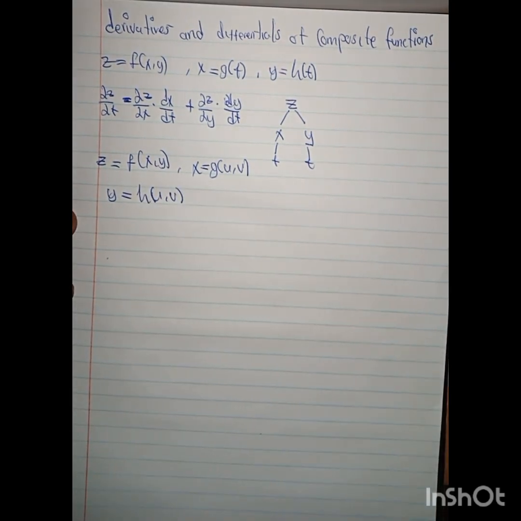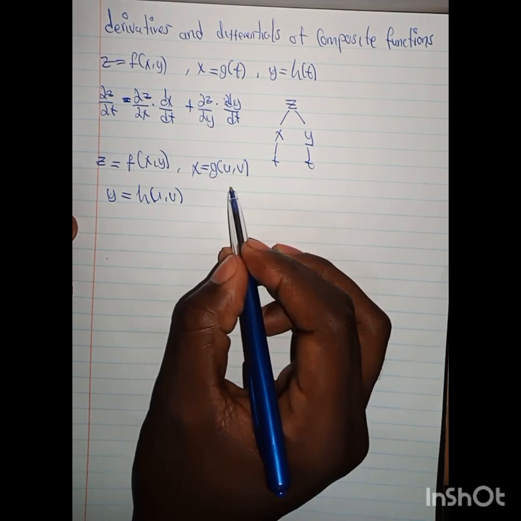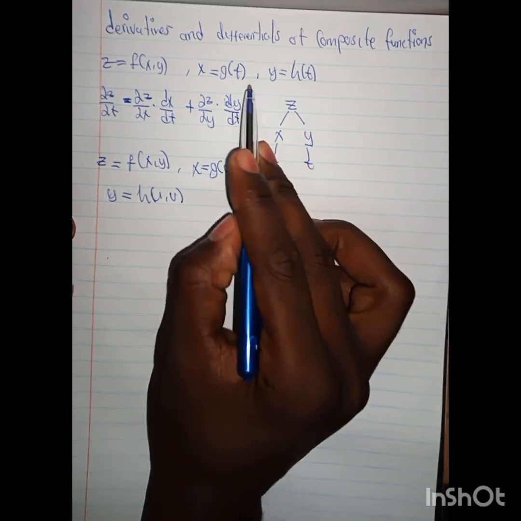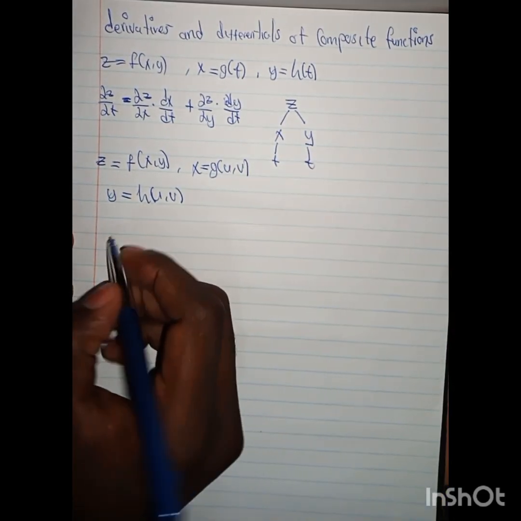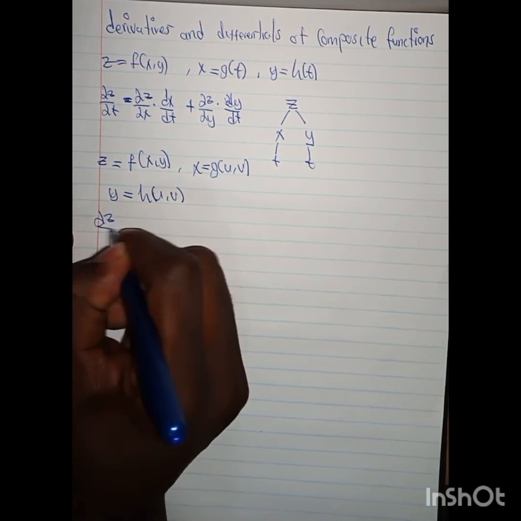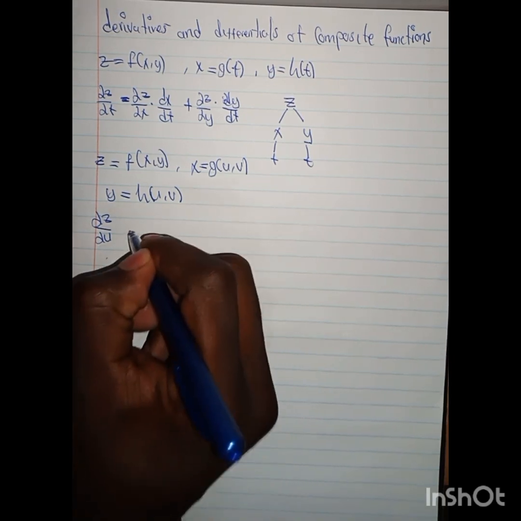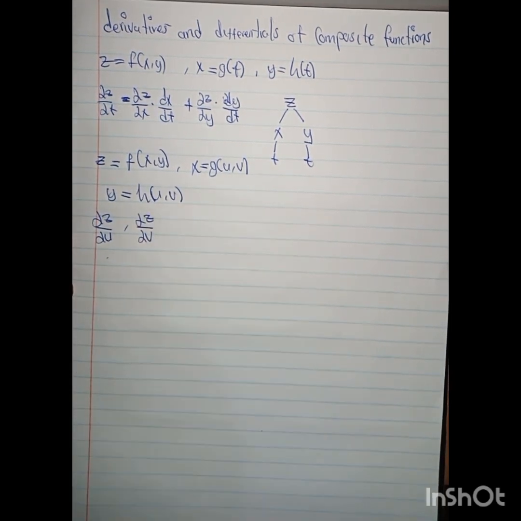So this example is a little bit different from the first example, because the subfunctions have two variables, which are u and v, and in the first we only had one variable, which was t. So this one we are going to find dz with respect to u, or dz/du. We can also find dz/dv out of this.